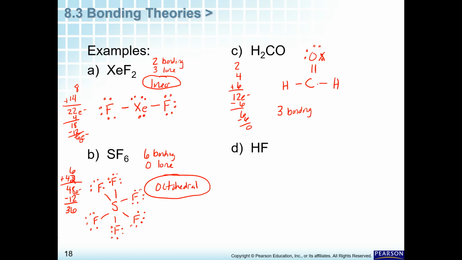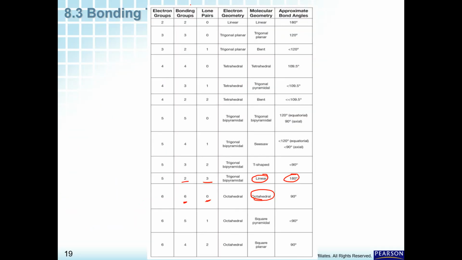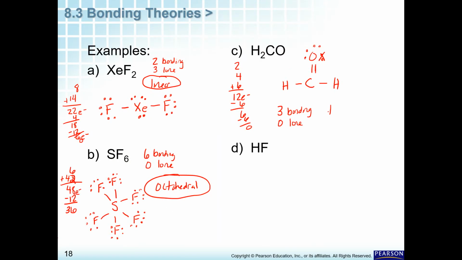Notice that carbon doesn't have any lone pairs on it, so it has 0 lone. So we're going to look at what is 3 bonding and 0 lone. Okay, here's 3 and 0. So our structure is trigonal planar with an angle of about 120. So trigonal planar is the shape that we end up getting.